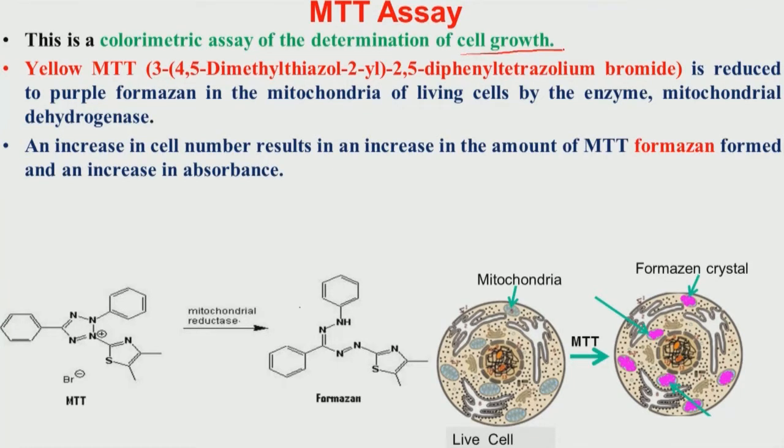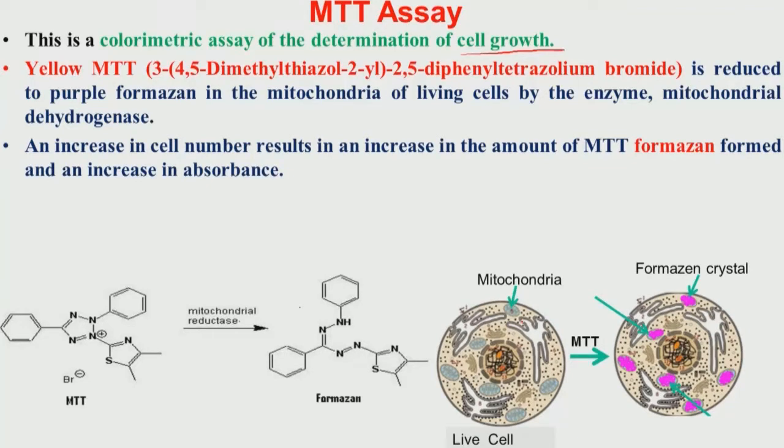Before I start discussing any biochemical assays, let me tell you that the fundamental principle of any biochemical assay is that you use a certain reagent which will essentially interact with some of the cellular organelles. It can be mitochondria, or it can intercalate with the DNA of the cells and so on.